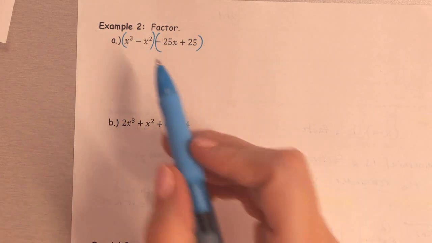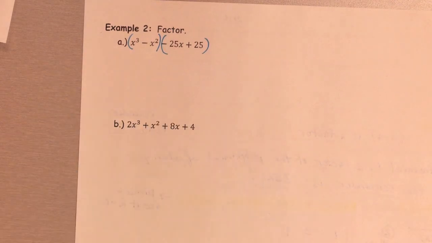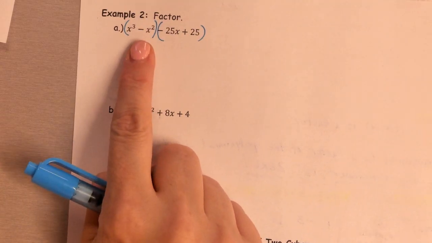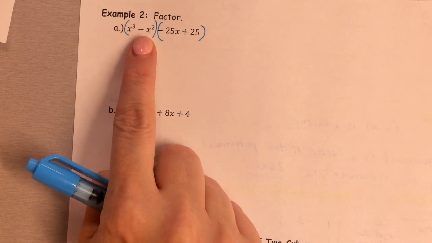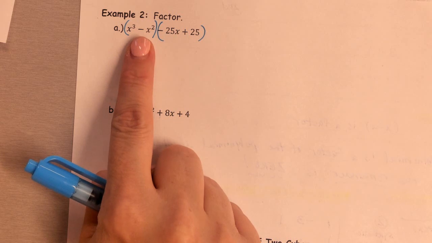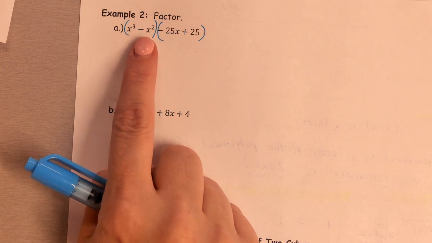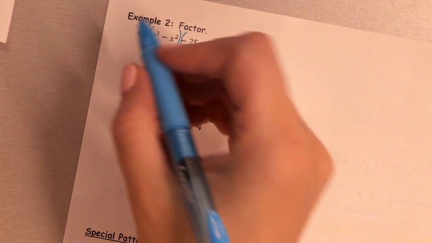Okay, so after you do the grouping, you have to take out the GCF. So you have x cubed and negative x squared. Okay, so in this one, we can only take out variables. Do you guys remember what you take out? How many x's? 2. So the most you can take out is the smallest one.